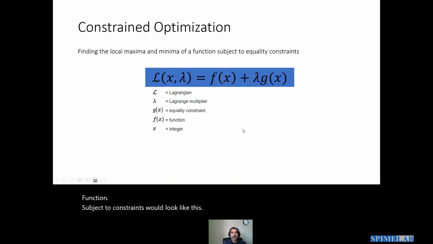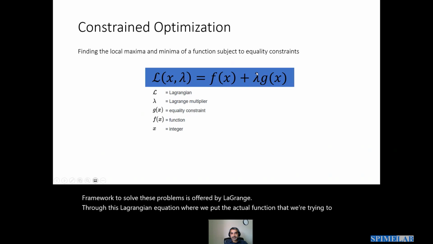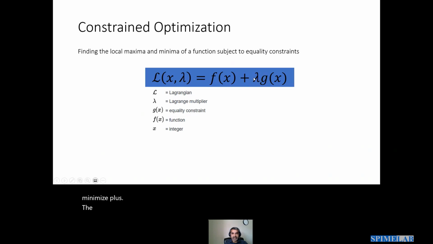And constrained optimization, the framework to solve these problems, is offered by Lagrange through this Lagrangian equation, where we put the actual function that we are trying to minimize plus the constraint multiplied by a scalar if there is only one constraint, a vector of different lambdas if there are multiple constraints.